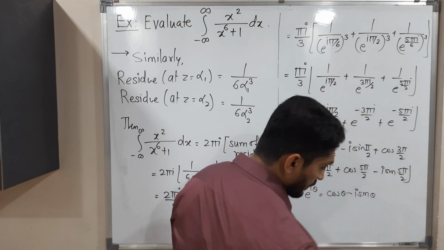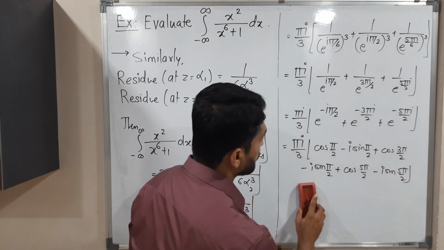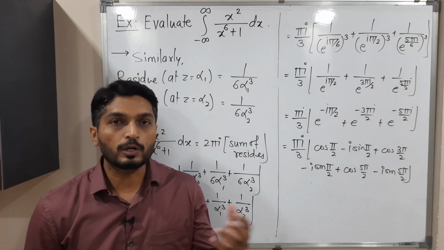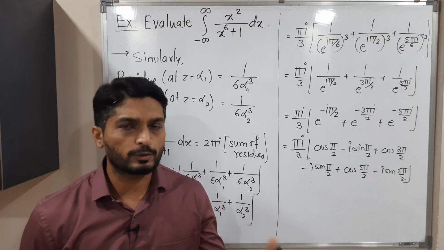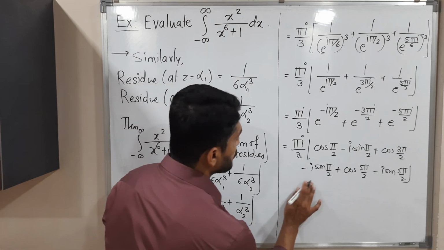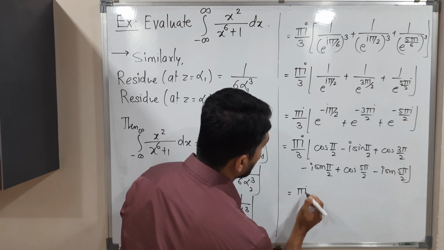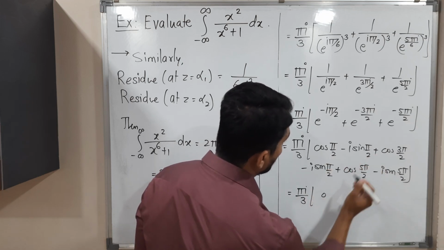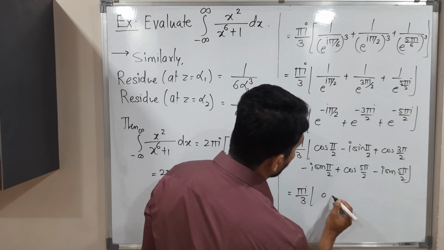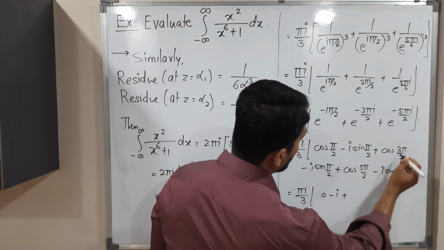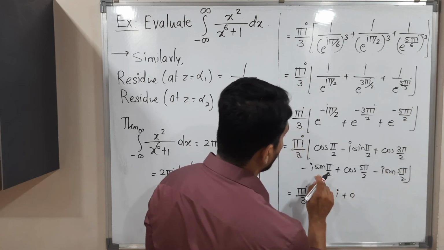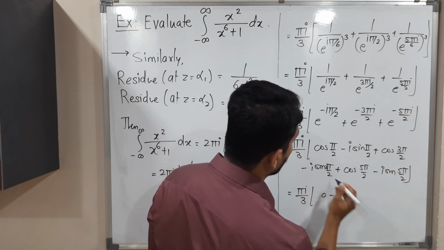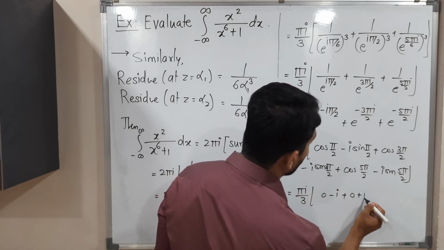Okay, so now we want the values of all these terms. Getting? Using a calculator, you can easily find the values of cos pi by 2, cos 3 pi by 2 and so on. So just let me write directly. Cos pi by 2 is 0, sin pi by 2 is 1, so it will be minus i. Cos 3 pi by 2 is 0, and sin 3 pi by 2 will be minus 1, so minus minus gives plus i.